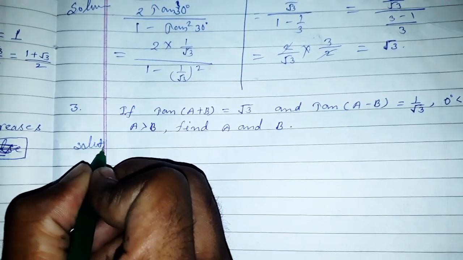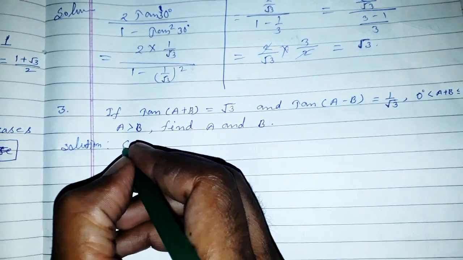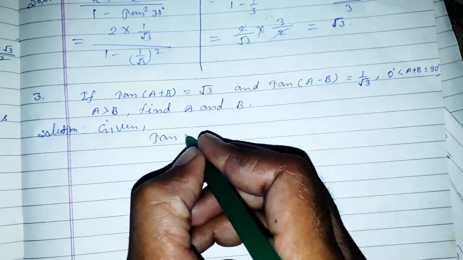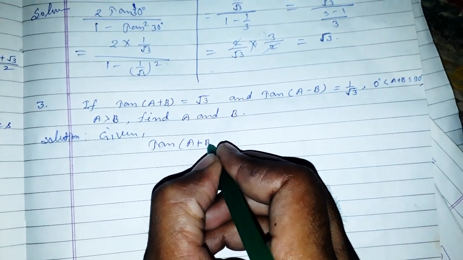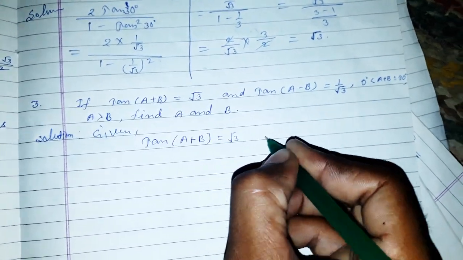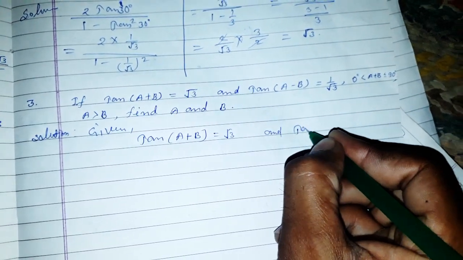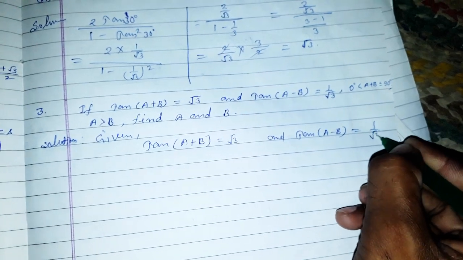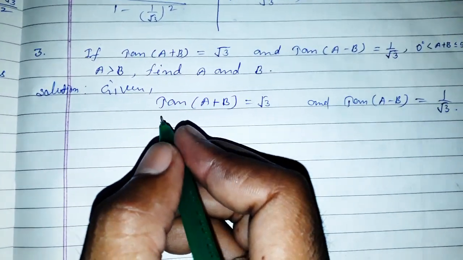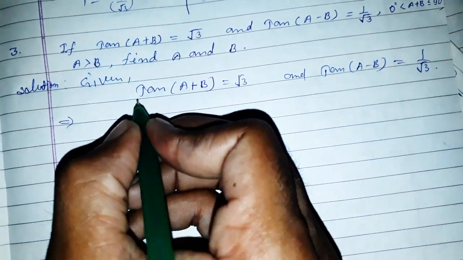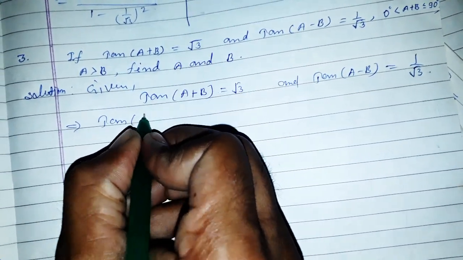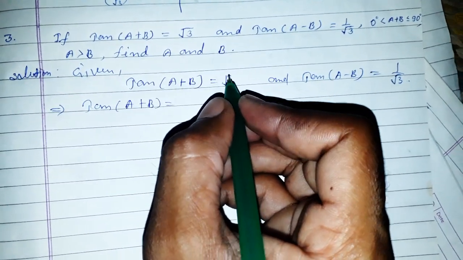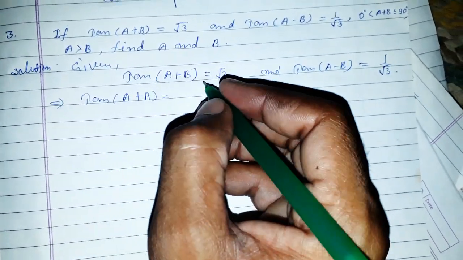Solution. Here given that tan A plus B is equal to root 3 and tan A minus B is equal to 1 upon root 3. Tan A plus B is equal to root 3. What is the value of root 3? So tan 60 degrees is root 3.